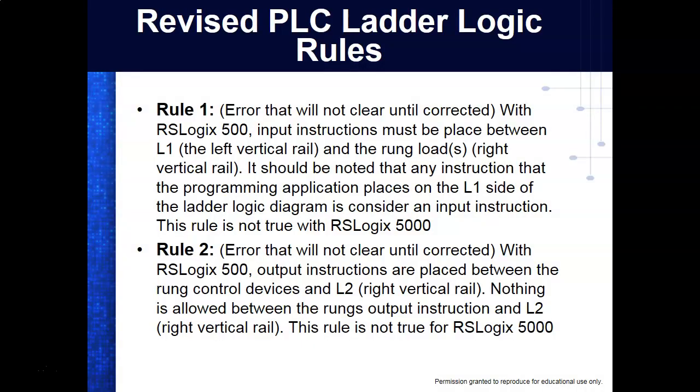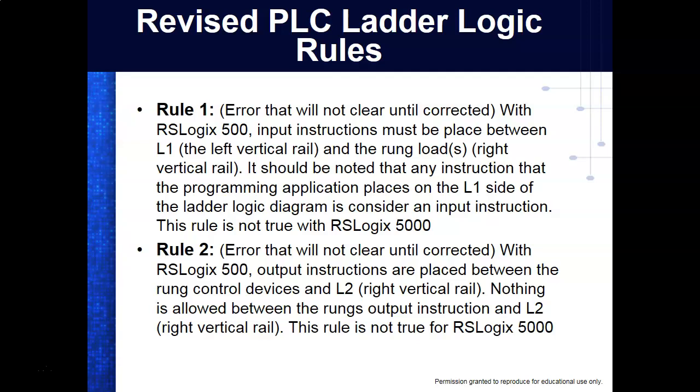Rule 1. You'll get an error if you do this wrong, an arrow that will not clear until it's corrected. With RSLogix 500, input instructions must be placed between L1, the left vertical rail, and the rung's load, which is attached to the right vertical rail.